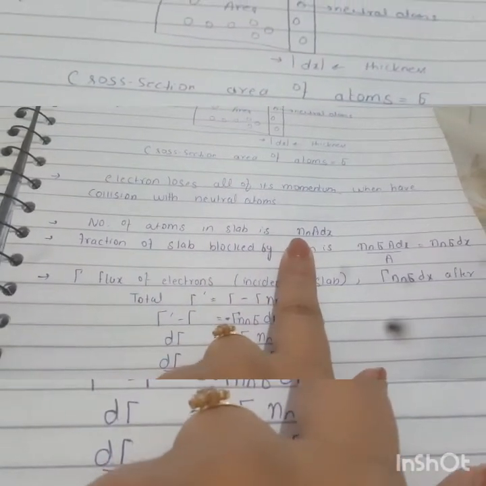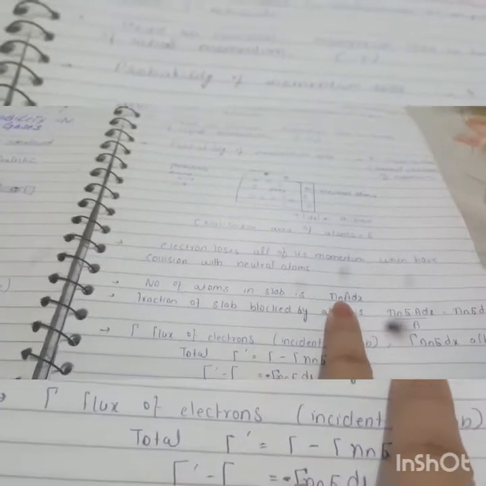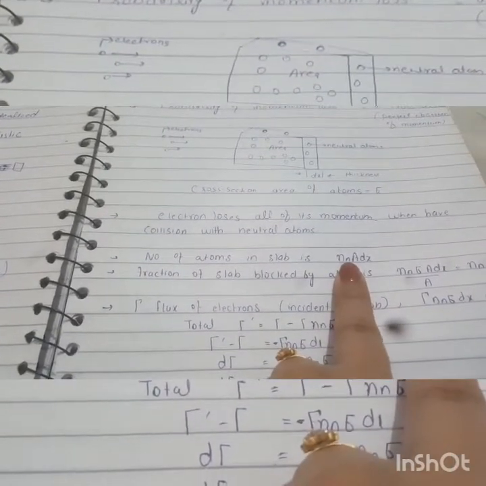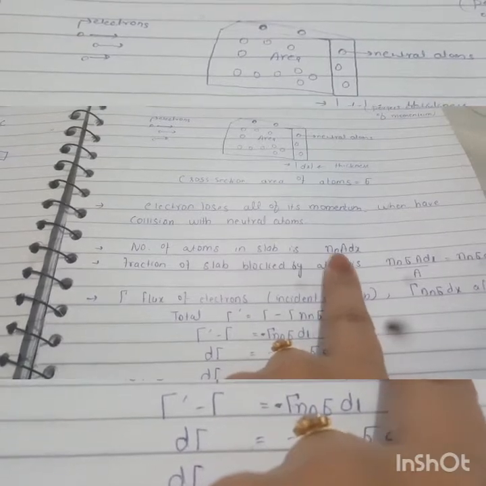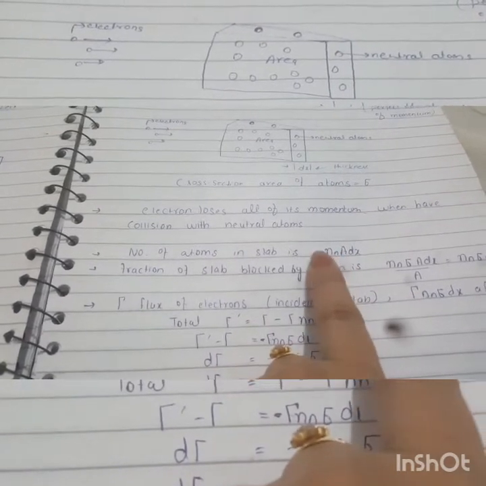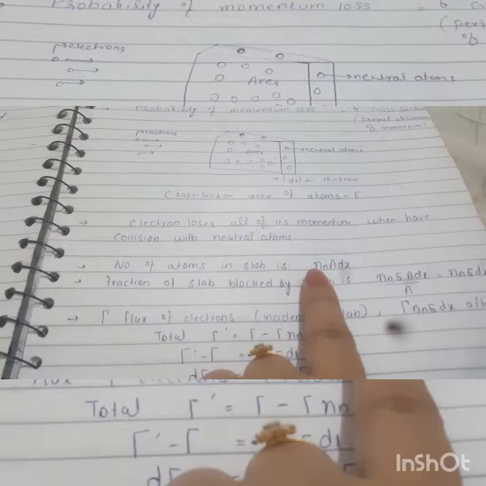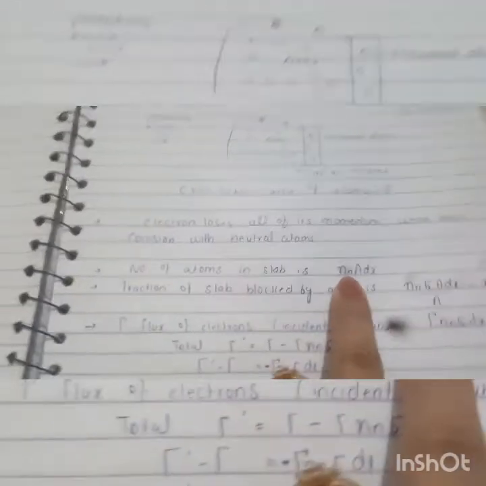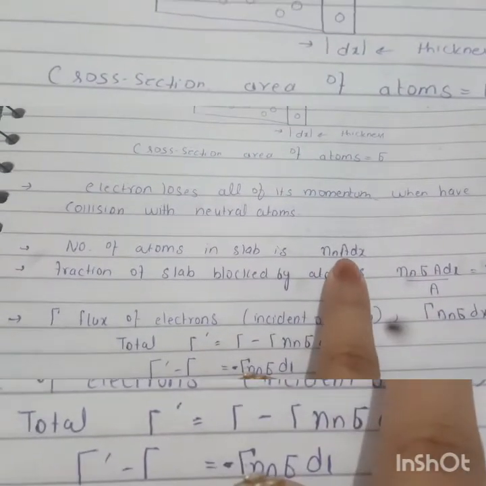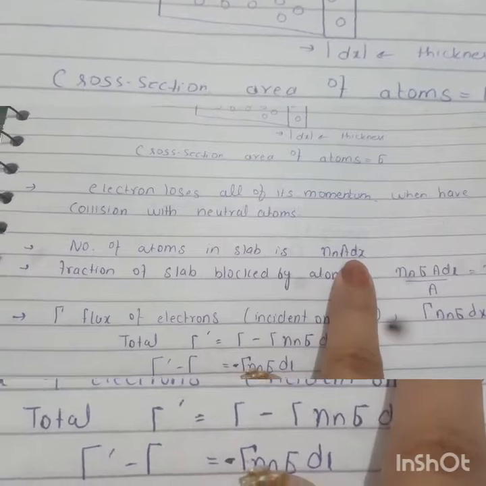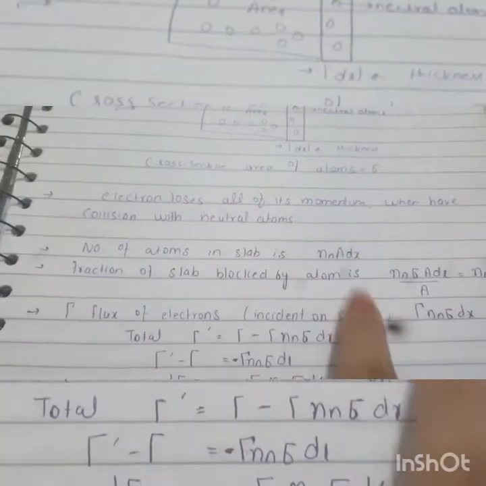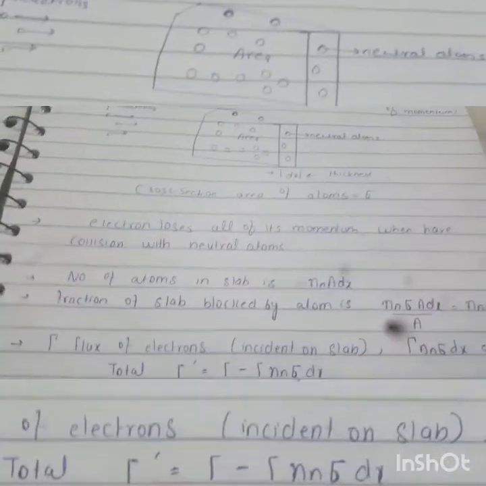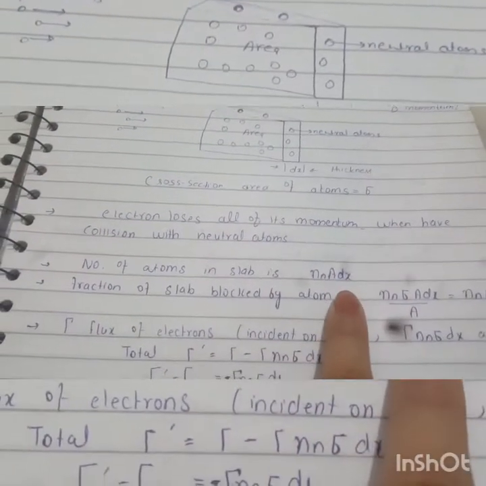What is this? This is eta, and representing n in subscript means the number of atoms, not only one atom, it is the number of atoms, so many, they can be so many. So we represent it simply with subscript n, and A is the area and dx is the thickness as we defined here already. So the number of atoms in a slab is equal to this.